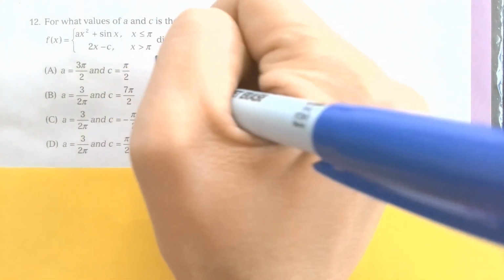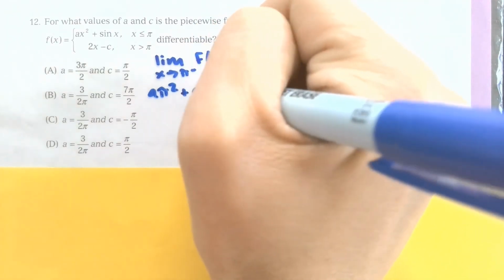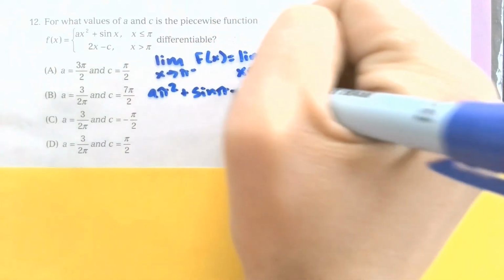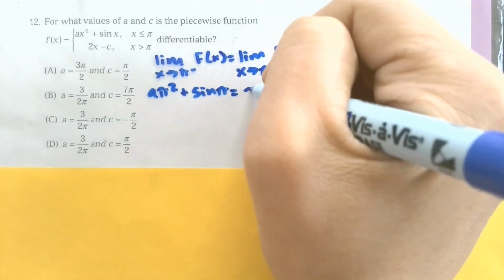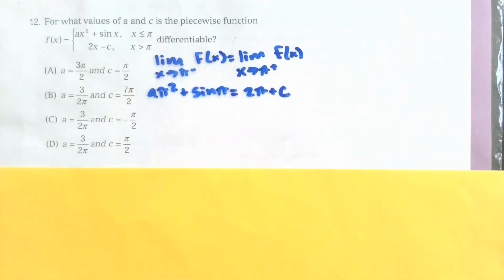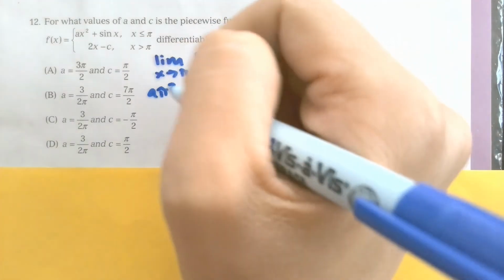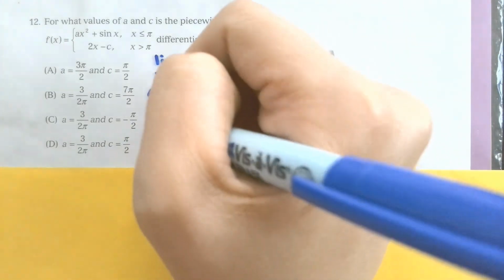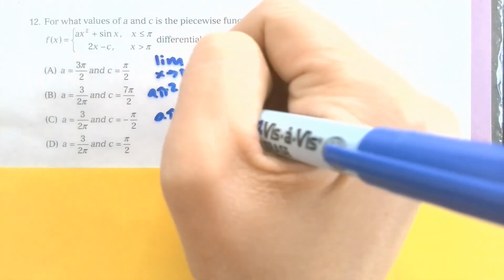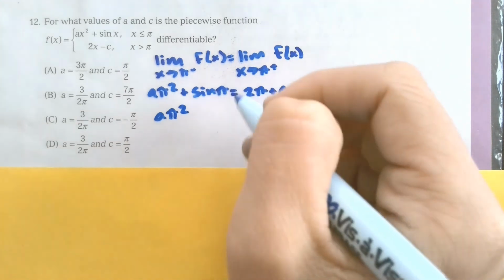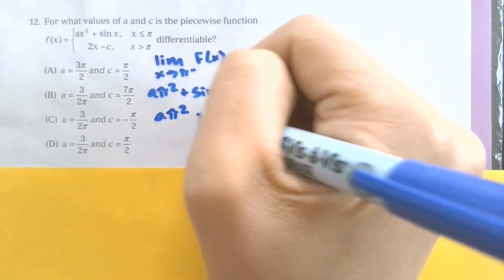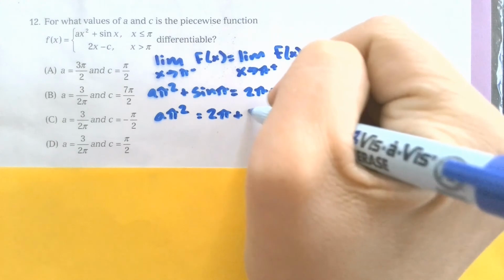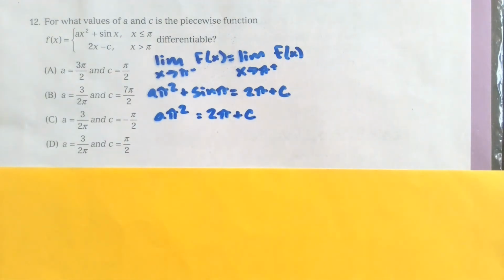So I'll have a pi squared plus sine of pi equal to 2 pi plus c. I can simplify some things, but I'm not going to be able to actually solve for a c or an a here. I can get it by itself, it's just not going to be completely simplified. So I've got my a pi squared, sine of pi is 0, so I'll just get rid of that. And then I get to a place where I could get one of these variables by itself, but I'm just going to pause. So that's what I get with looking at continuity.